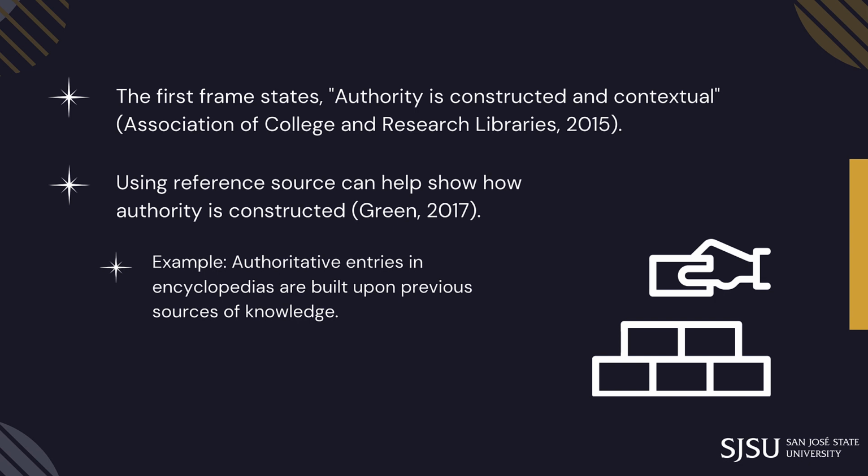People who are in the process of becoming information literate should think about where authority comes from, such as an author being a subject expert or being in a certain position of power, and they should analyze if a source is in fact credible. Using reference sources can help show an individual how authority is constructed.